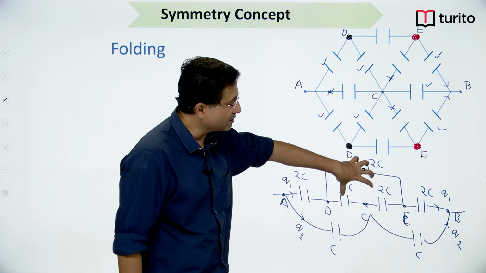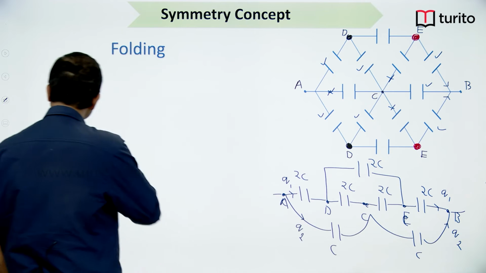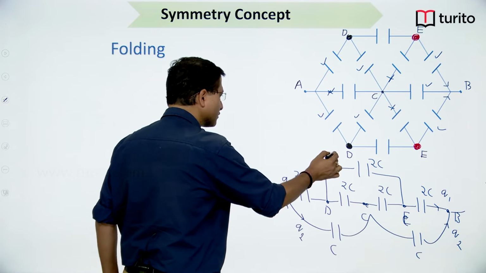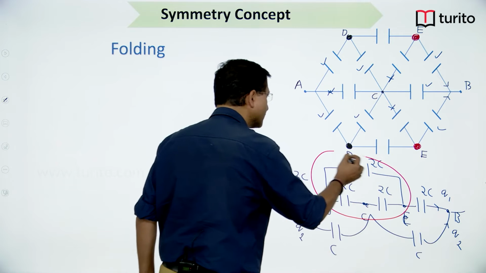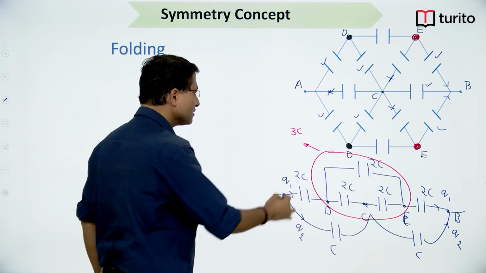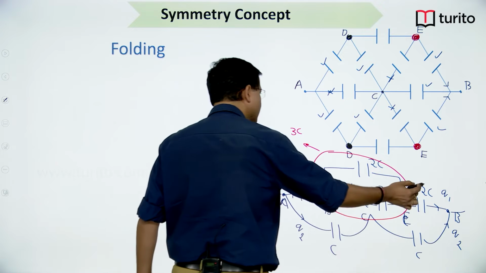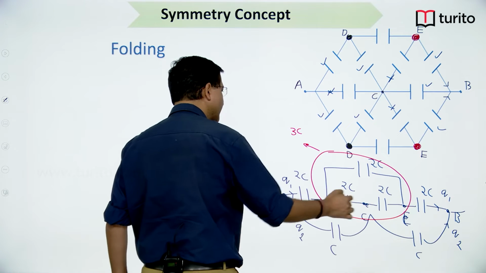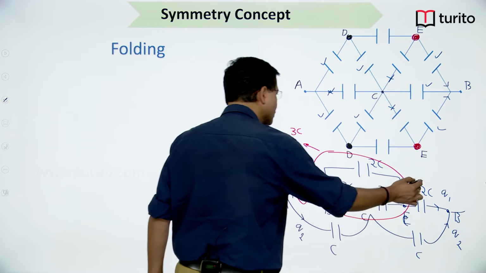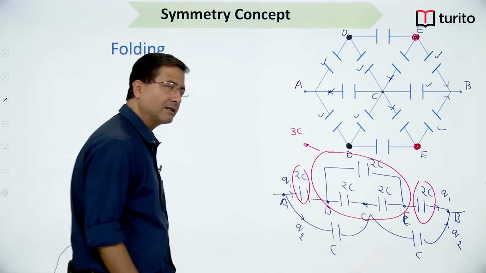Again look at this one, this is 3C, right. I am talking about this one. This whole thing is 3C, right. This 3C, this 2C and this 2C, they all are in series combination. This 2C and this 2C, I can make it C because they are in series.